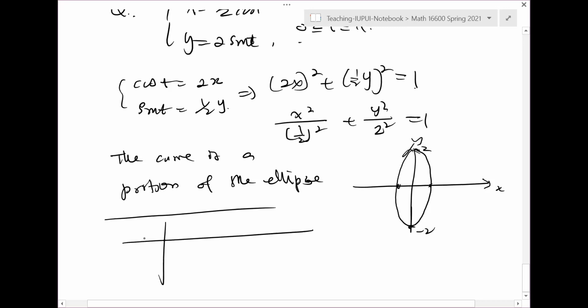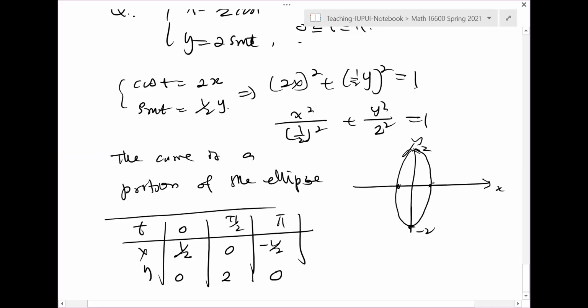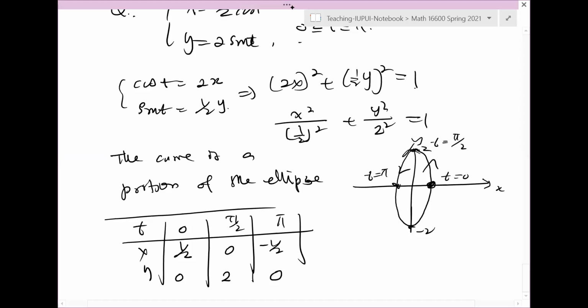So here t and x, y, right? T starts from 0, maybe a middle point, so 3 points should be enough. When t equals 0, I get x is 1/2, y is 0. When t equals pi over 2, I get x equals 0, y equals 2. When t equals pi, I get negative 1/2 and 0. So this is the point t equals 0, this is the point t equals pi over 2, this is the point t equals pi. So this is the graph. It's going in that direction, and you can have the orientation.